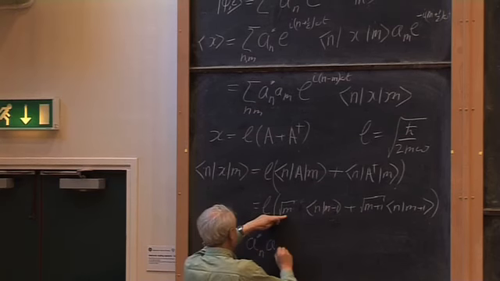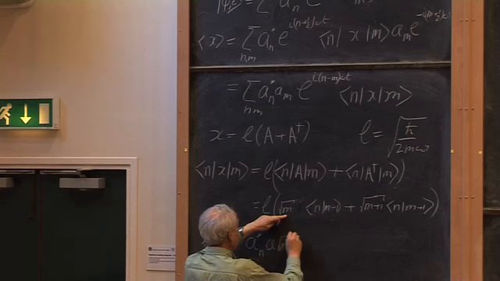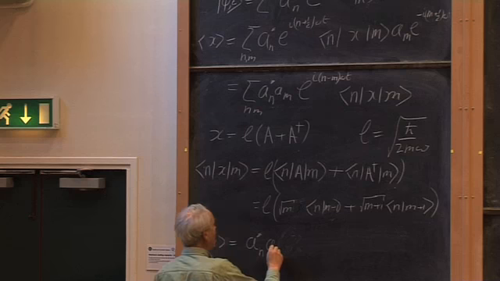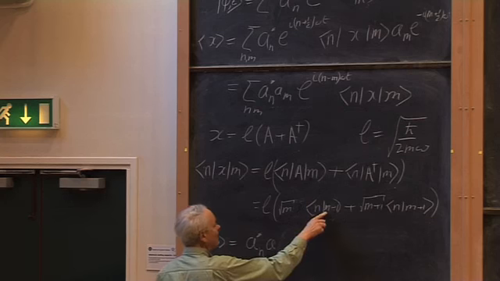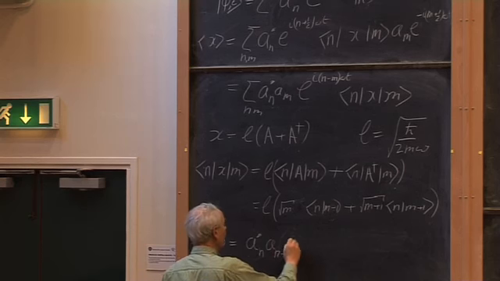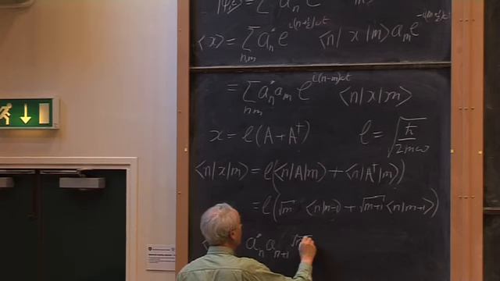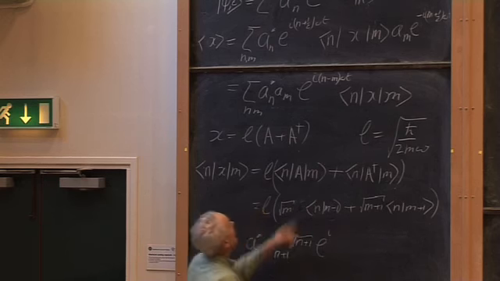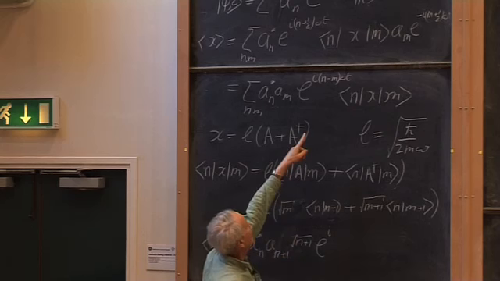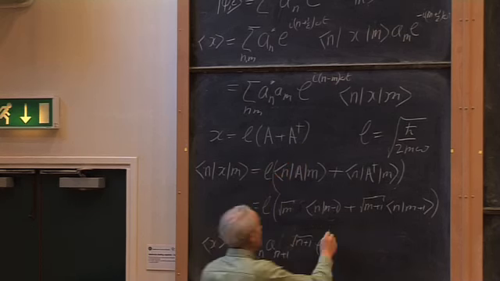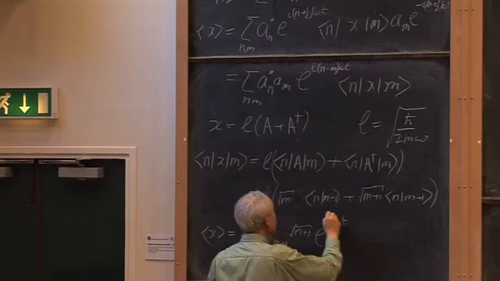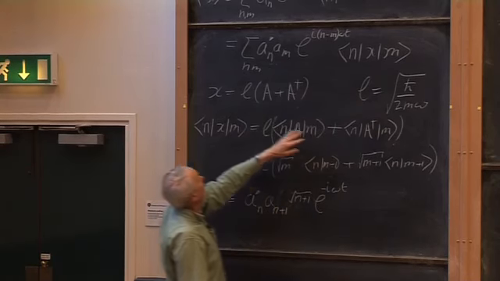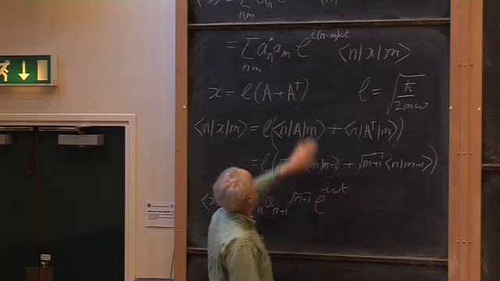So this is going to be the square root of n plus 1, and everywhere I see an m, I'm going to write n plus 1, times e to the i, and now, since m is 1 bigger than n, this is going to be e to the minus i omega t. So that's what we get from this term.